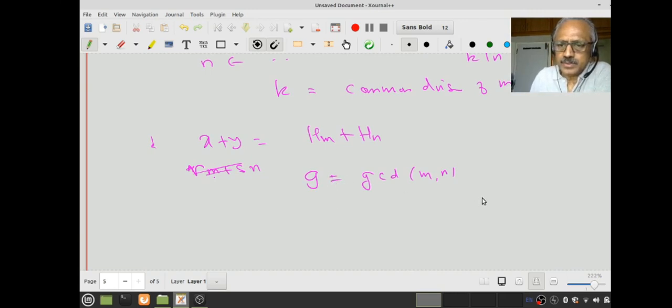Now what do I know? G is the greatest common divisor and k is a common divisor of m and n. Therefore what is the relation between k and G?